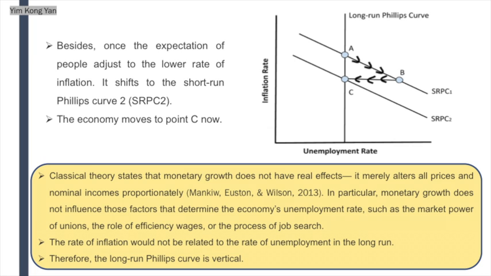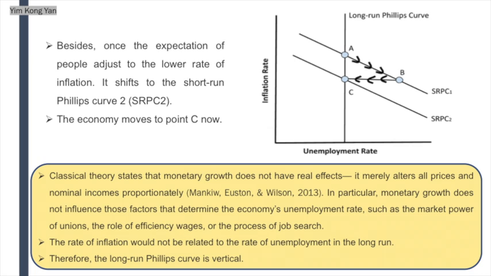It merely alters prices and nominal incomes proportionally. In particular, monetary growth does not influence those factors that determine the economy's unemployment rate, such as the market power of unions, the role of efficiency wages, or the process of job search.